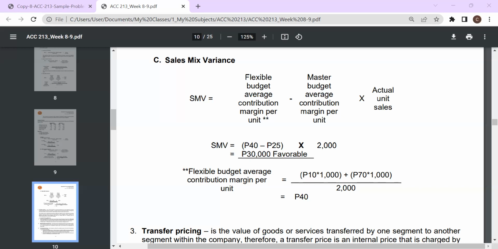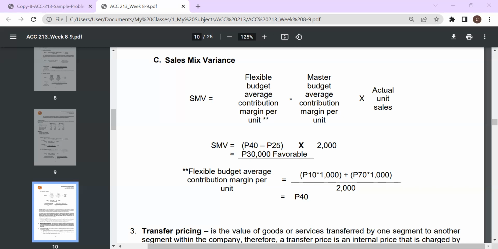Okay. So this one is favorable or unfavorable. So this one is unfavorable, no? Mas maliit ang ating flexible budget average contribution margin compared to our budgeted or master budget na contribution margin per unit.